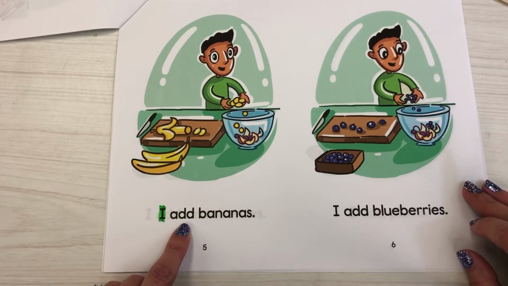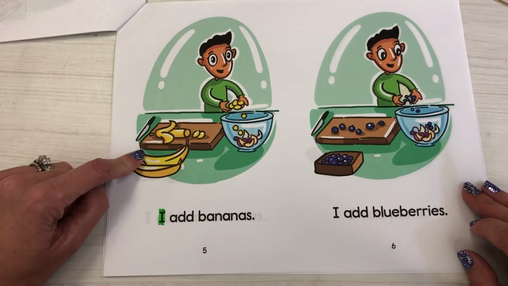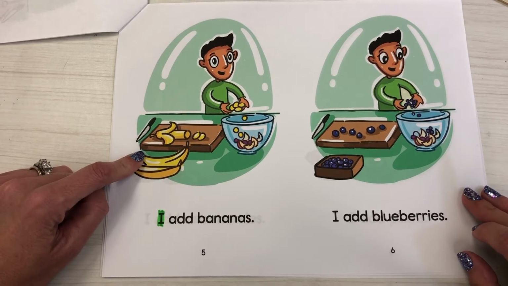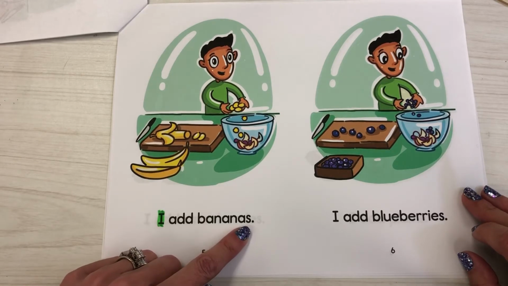Can you read that word by yourself now? I bet you can. And look at this word. B. B. B. If I look at the picture, what is he adding to the fruit salad? Bananas.